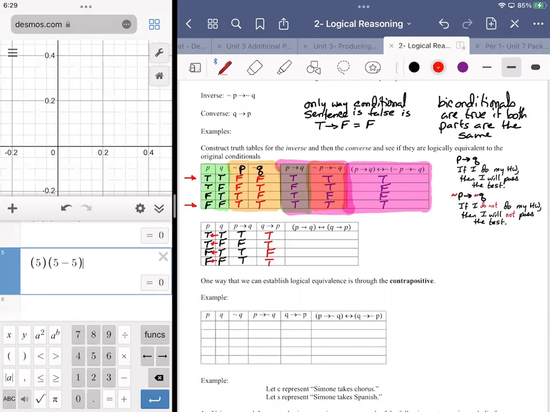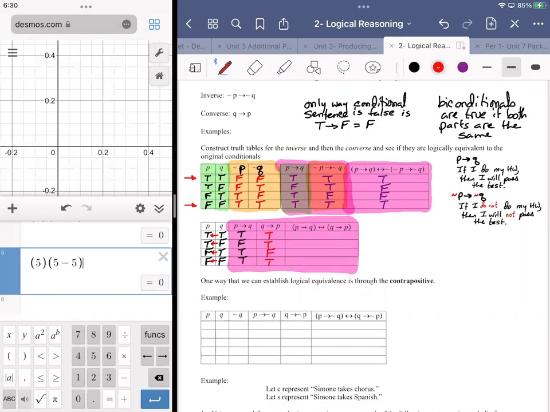And again, the whole idea behind the biconditional is looking for equivalence. Right? We're looking for any instance in which the truth values are the same. So I'm comparing these two columns to see what circumstances have the same truth value.